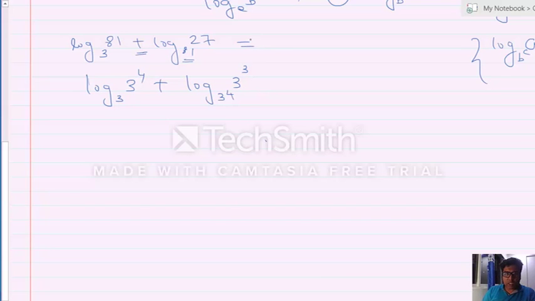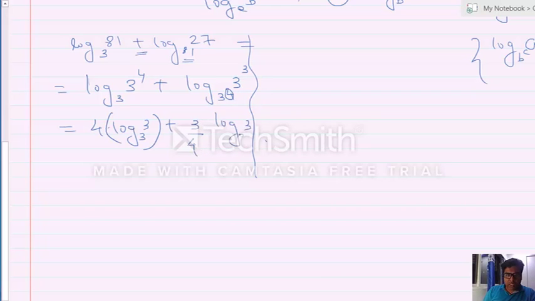I hope you understood this. Now the next thing that you can do is 4 times log 3 to the base 3 plus I can write this as 3 upon 4. This 4 comes in the denominator.